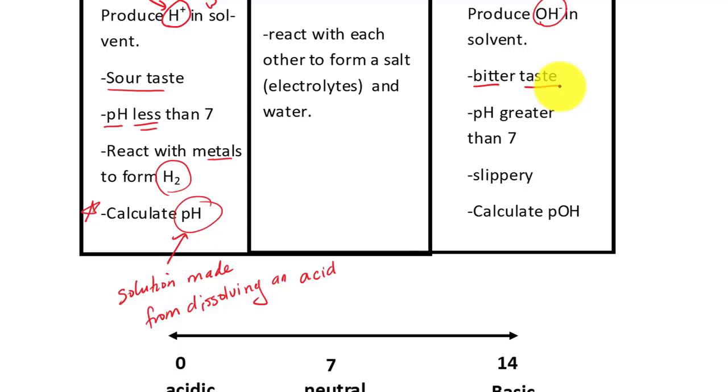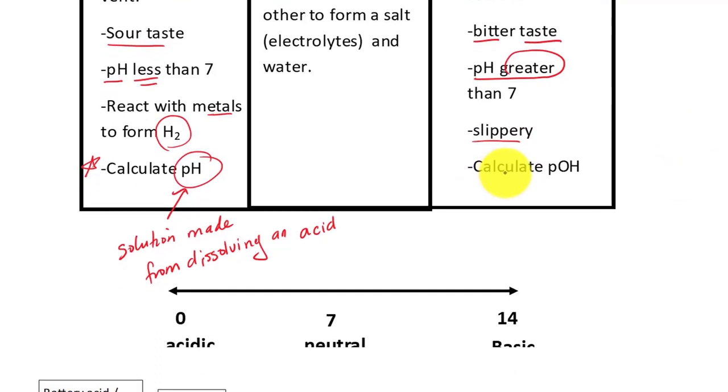If you ever tasted soap before, it tastes very bitter. On a pH scale, remember acid and base are kind of opposite to each other. If acid is less than 7, pH for a base would be greater than 7. Another characteristic of bases is that they are very slippery. When you think of bases, think of soap, like hand soap.